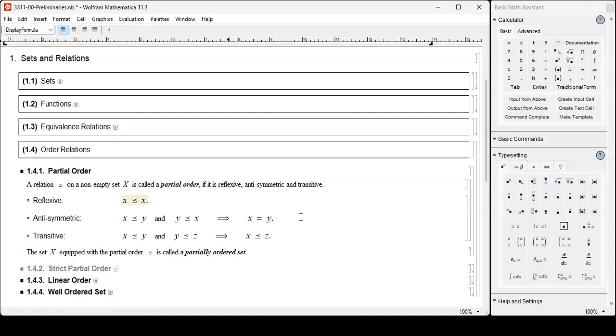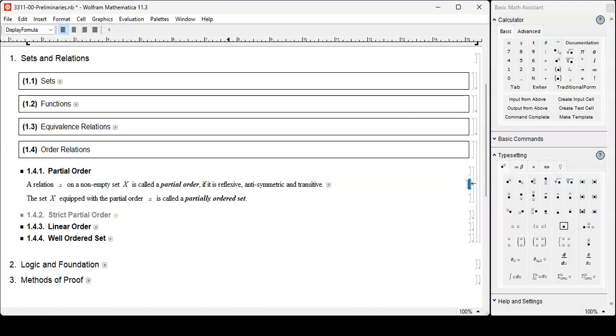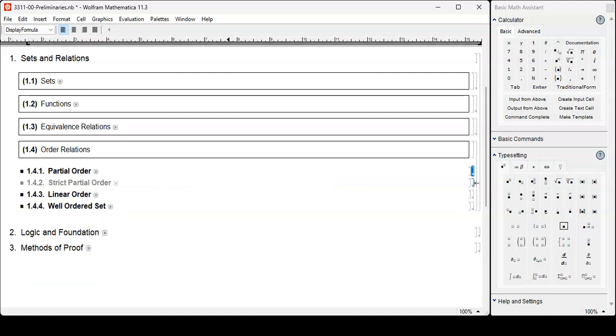Antisymmetry: if x is less than or equal to y, and y is less than or equal to x, then x and y have to be the same. Transitivity is pretty clear. Any set equipped with this partial order is called a partially ordered set. An example is the subset structure in any power set. There are more, of course.